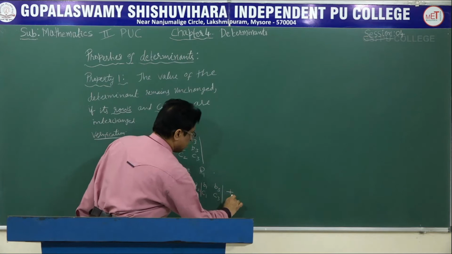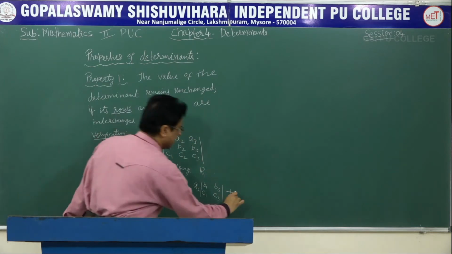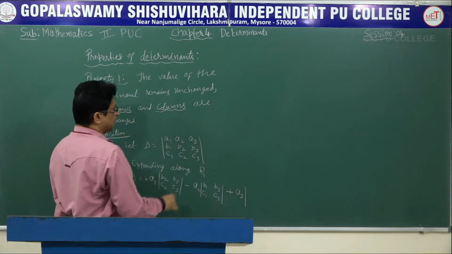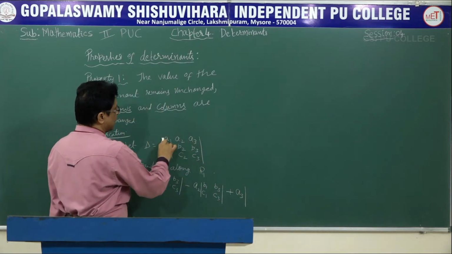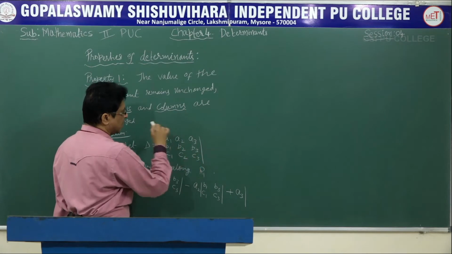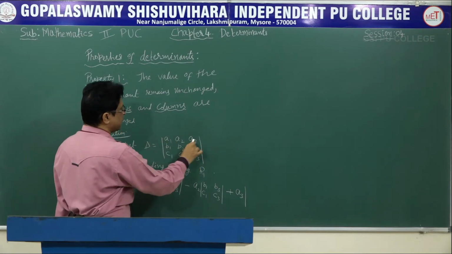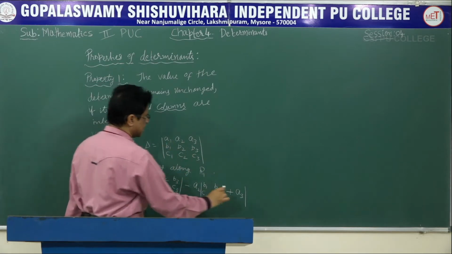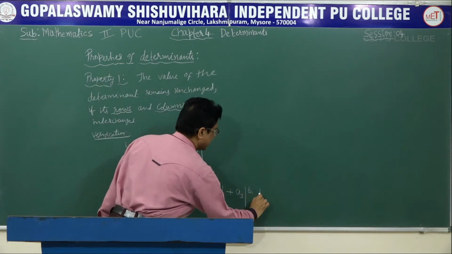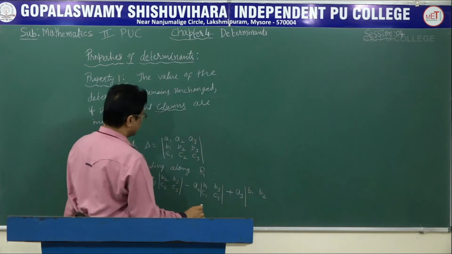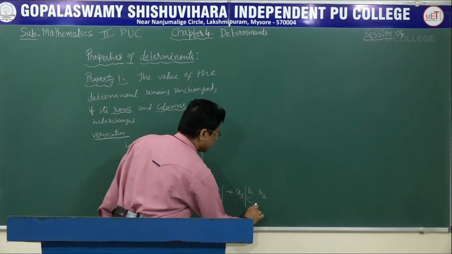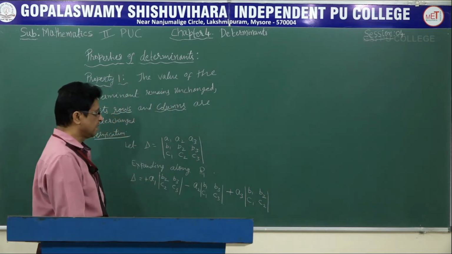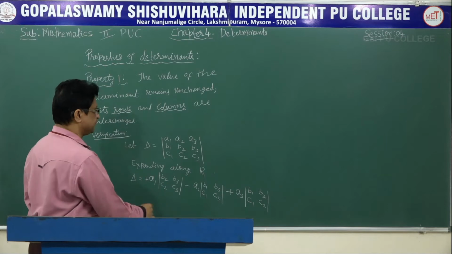Next, plus A3 into determinant of. So, A3 lies in the first row and third column. So, we eliminate the first row and third column and take the determinant of the remaining elements. So, it is B1, B2, C1, C2.